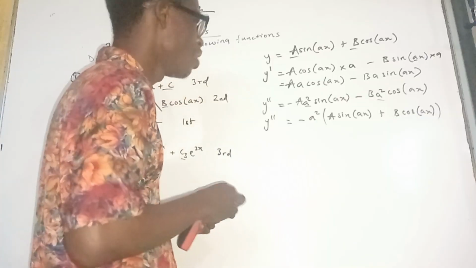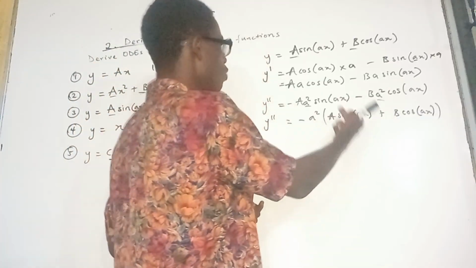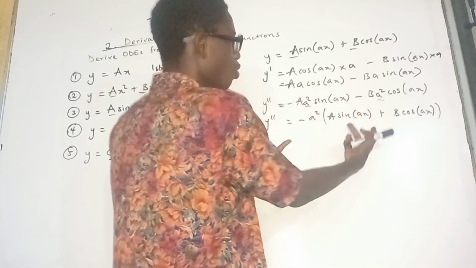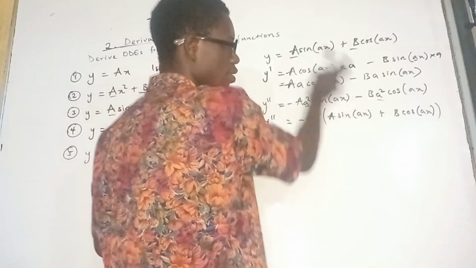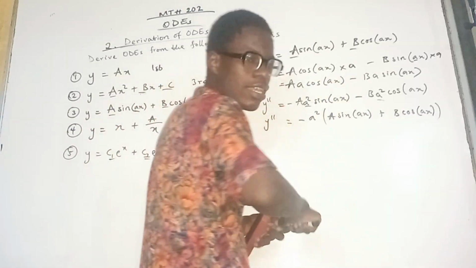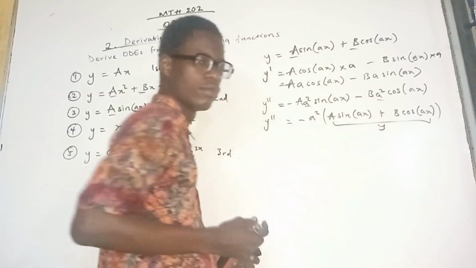So since I want to eliminate this a and b, what do I do? I compare this to my first derivative. They don't really look much alike. But what you notice is that a sine ax plus b cos ax are basically the same thing. So everything that is inside this bracket is the same thing as my initial function y. Do you get?